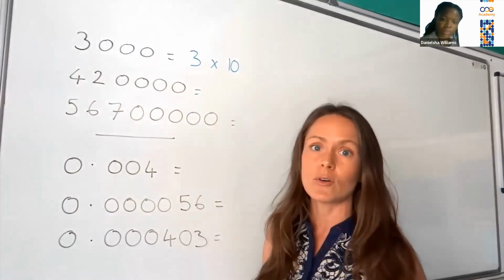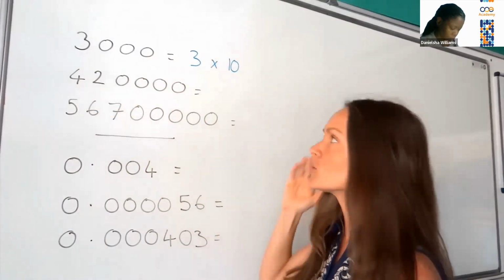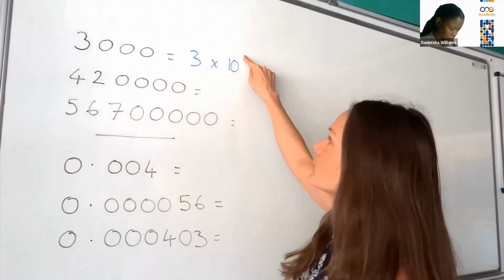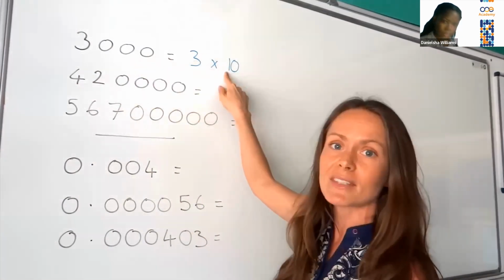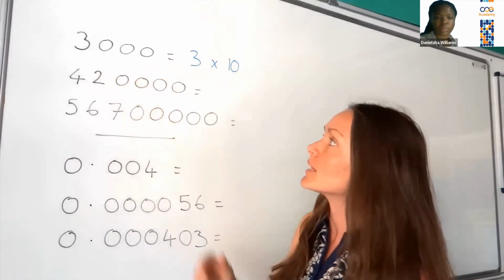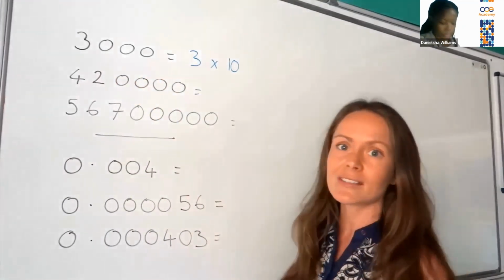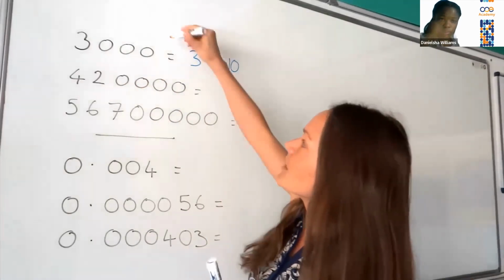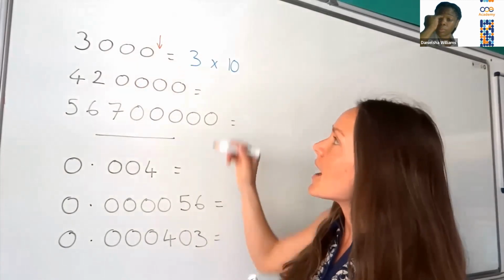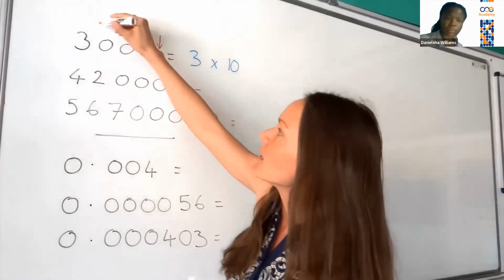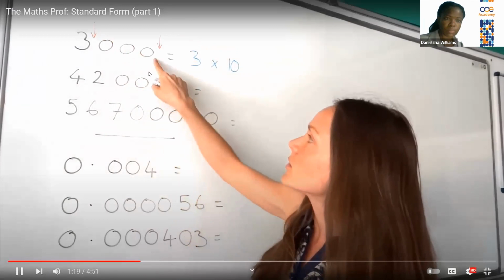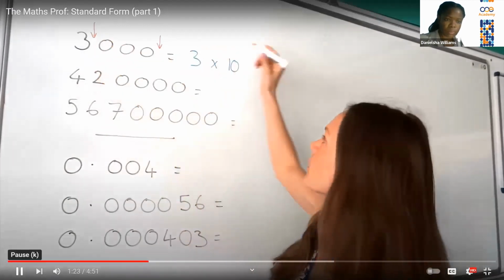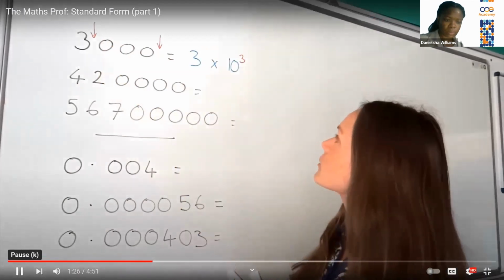Now when we're using standard form, we always write times 10. It's just the format that we use. Now, we need to write a power here because we can't just leave it like this because 3 times 10 is 30 and the number here is 3,000. So we need to look to see how many places we've moved the decimal. The decimal used to be here, and now if I'm making this number 3, it's moved to there. So you can see the decimal, it looks like it's jumped 3 places here. So the power we put on the 10 is 3.